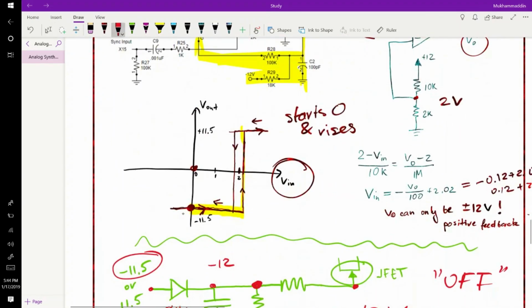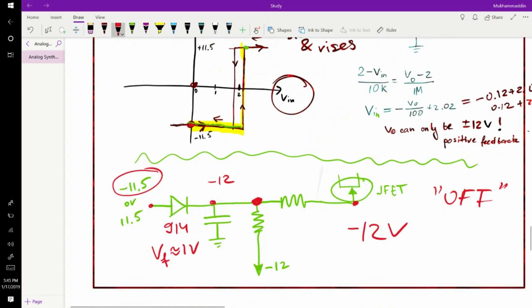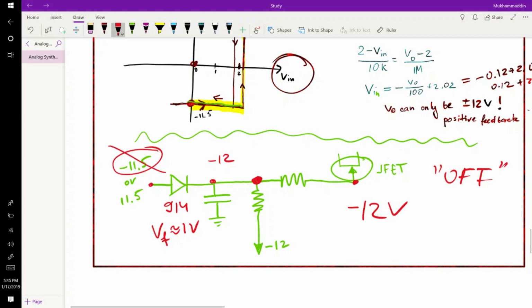Now what happens when Vin starts to rise? It's at 0 and it starts rising, as we already said earlier. It reaches 2.2, and then it shoots up to 11.5 volts. So now we have a significant drop across this diode.